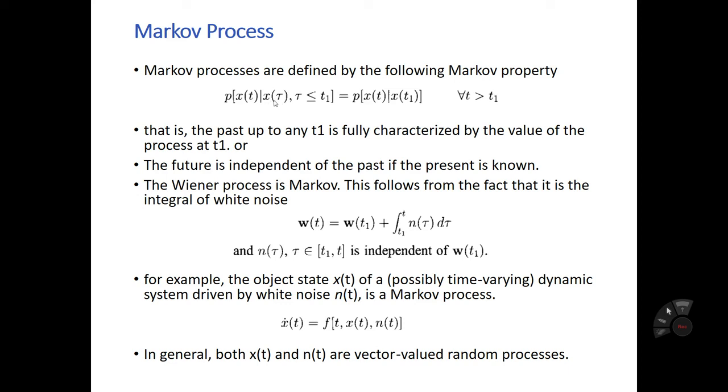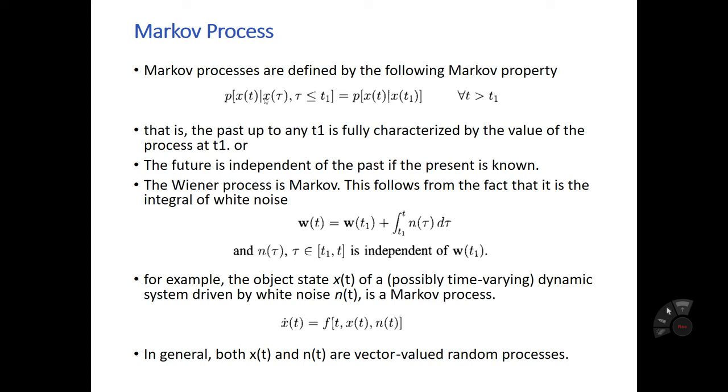You already know the past values, not the future value. You do not know the future value of the random variable x. So here tau is less than t1. Tau is any shift of the time which is less than or equal to t1.